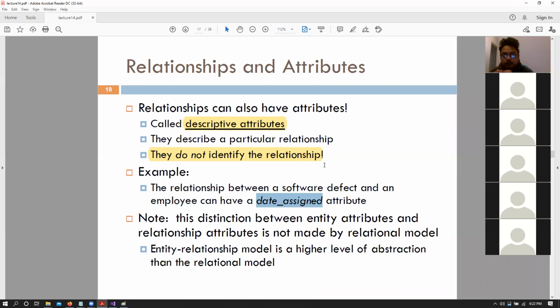So these sort of things could have been represented in the relational model as well, but it did not allow us to distinguish between these sort of ideas. Like a relationship is a different thing compared to two entities, because at the end of the day everything is going to be represented by tables, right? But here it distinguishes between those things where a borrower is basically a relationship set compared to an account and a loan.